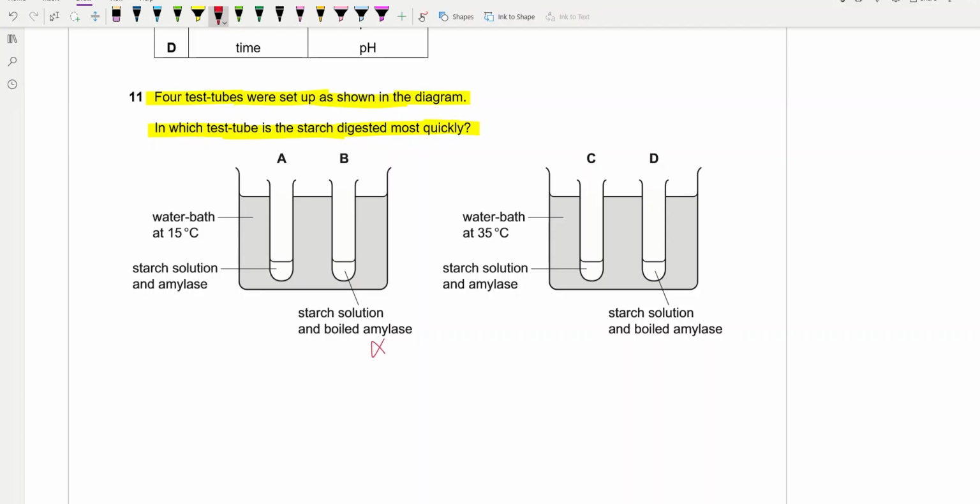Option C has starch solution and amylase. Option D has starch solution and boiled amylase. So options B and D would be eliminated as the enzymes were boiled and denatured. The rest would be options A and C. The enzyme amylase would work optimally at 35 degrees Celsius. So the answer would be option C.